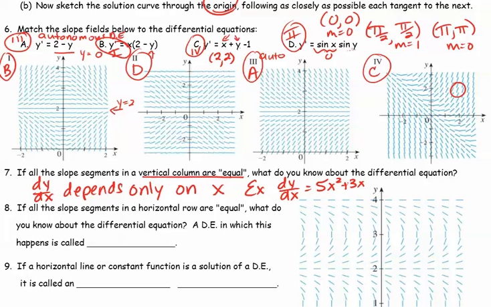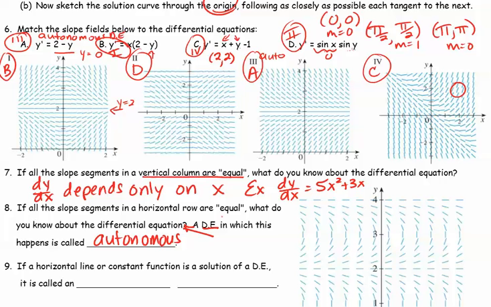All right, question 8, if the slope segments in a horizontal row are equal, what do you know about this? A differential equation where that's true is called an autonomous differential equation, and what we know is that as we go across there, we would have all horizontal tangents.